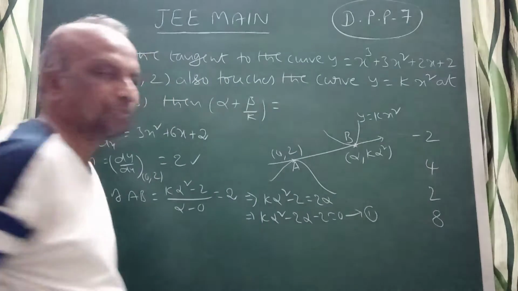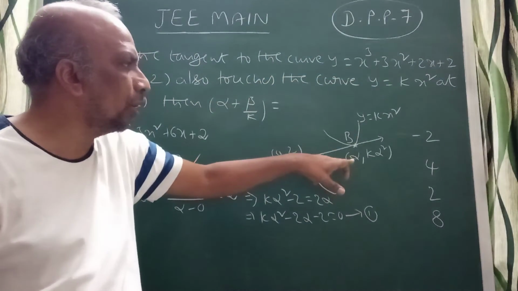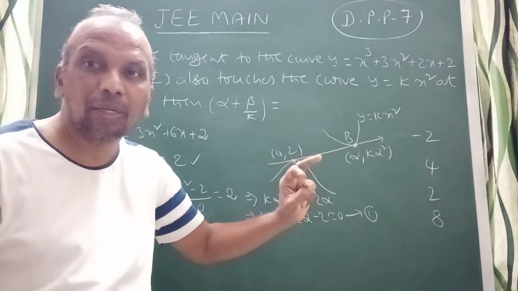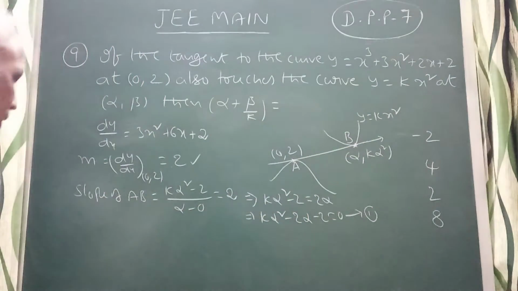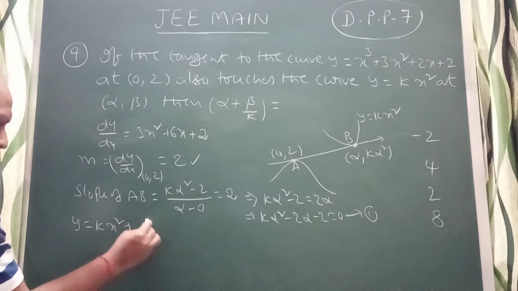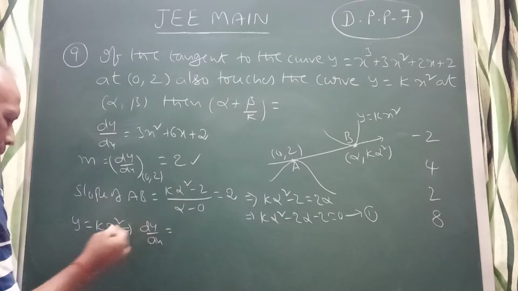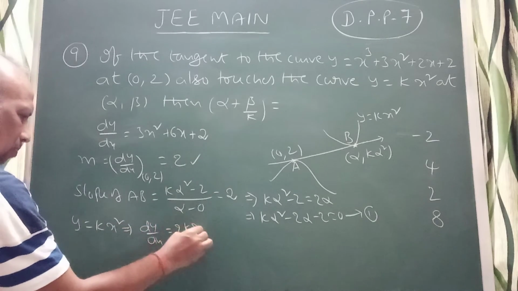Equation 1. Now for this curve y equal to kx square, find the derivative: dy by dx is equal to 2kx.